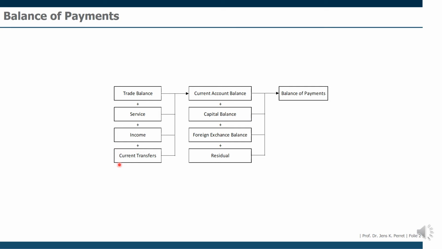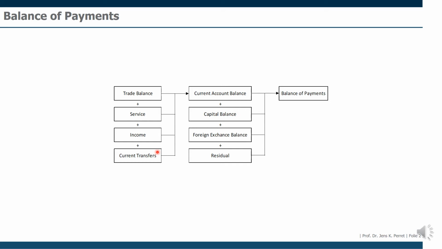Another interesting point, however, are the so-called current transfers, which also contain something like remittances. What does this mean? Well, it's also about working in one country, living in another country. However, as compared to the income part, this is not commuting.